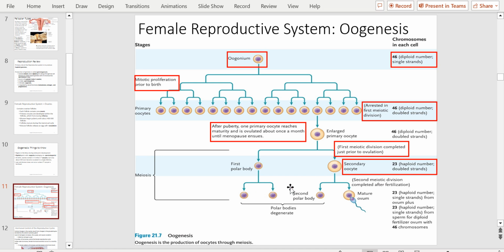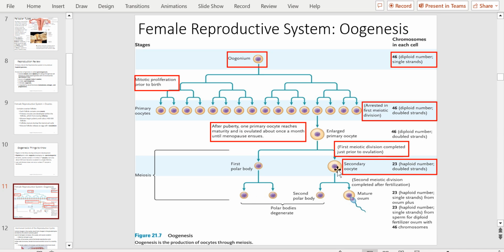They got half, half, half, half. But when you're talking females, you get only 1, and you see what happens when we get these cell divisions. From one of these cells, you get 1 mature ovum, but then you get 3 polar bodies.